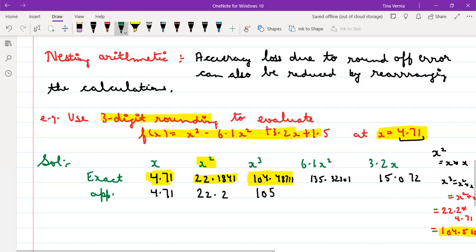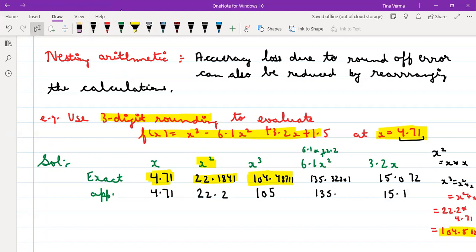Again in this step, the x square that you have calculated is your 22.2. This will be multiplied by 6.1, and when you round off this, it comes out to be 135 point something. That digit is less than the rounding threshold, so this is 135. And when you evaluate 3.2 into x, this comes out to be your 15.1.